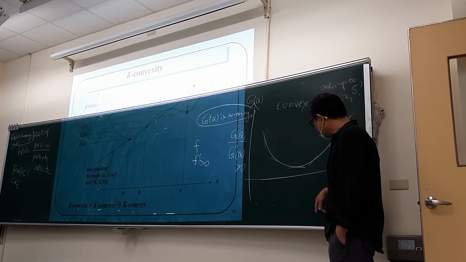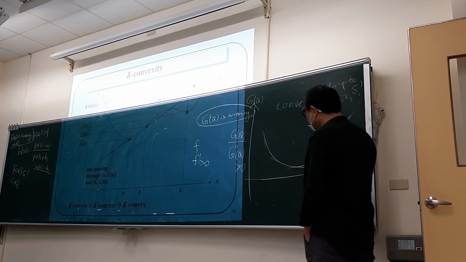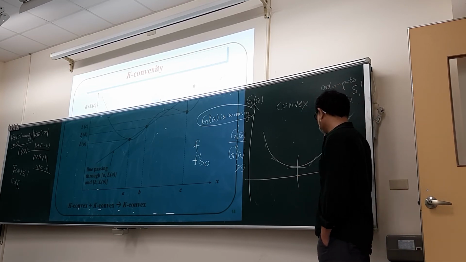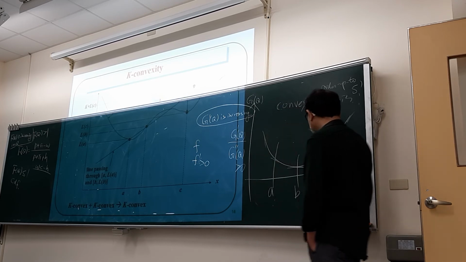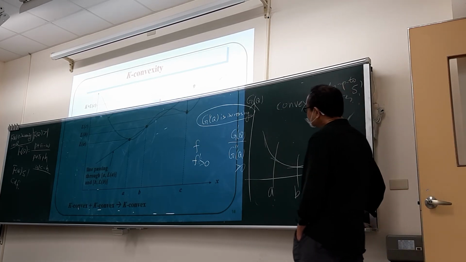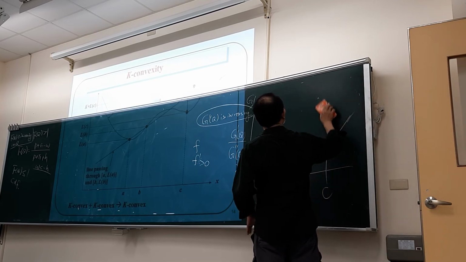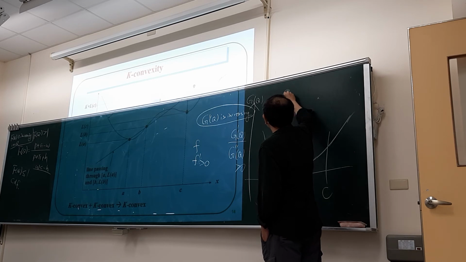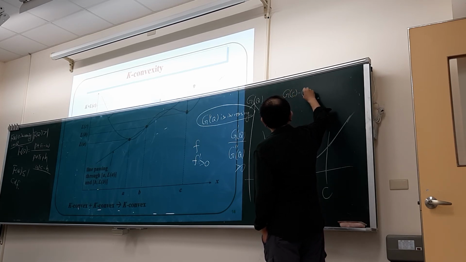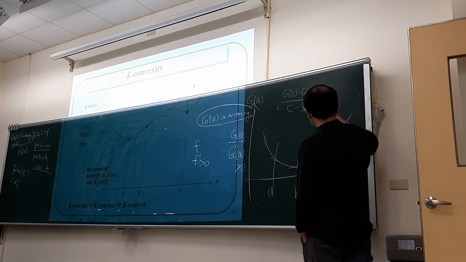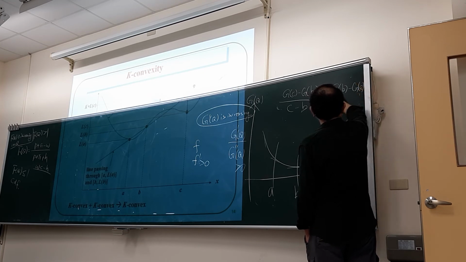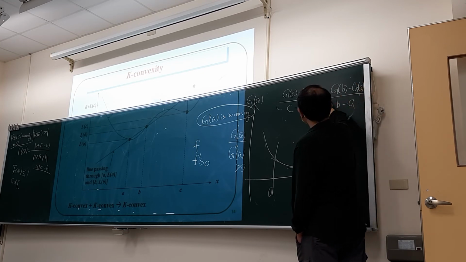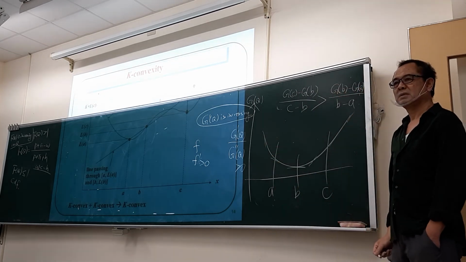Okay. How to write that the slope is increasing? If we pick up 2 points, or 3, call them A, B, and C, I have G of C subtracted by G of B, divided by the difference between C and B, and then G of B subtracted by G of A, divided by B subtracted by A. Which one increases?